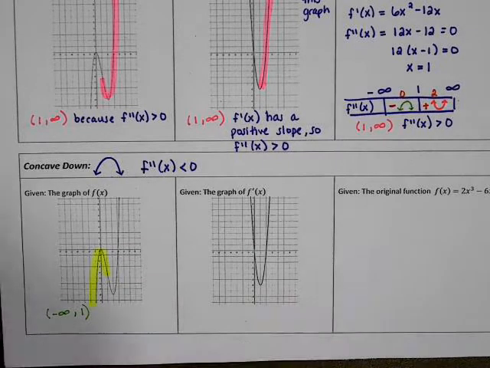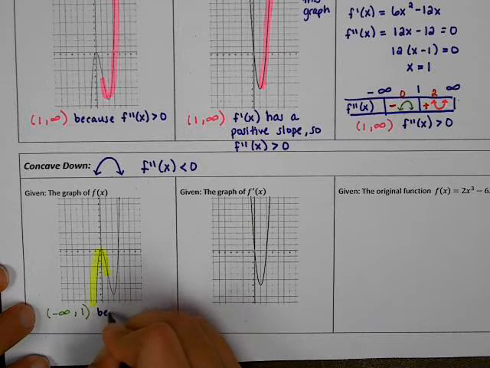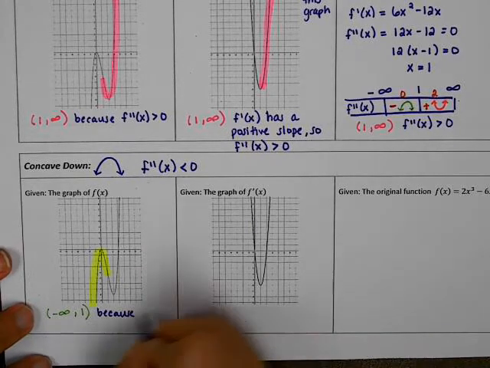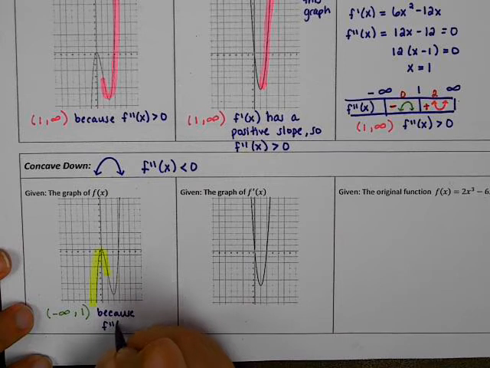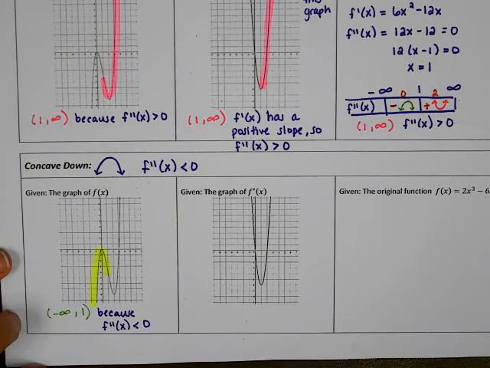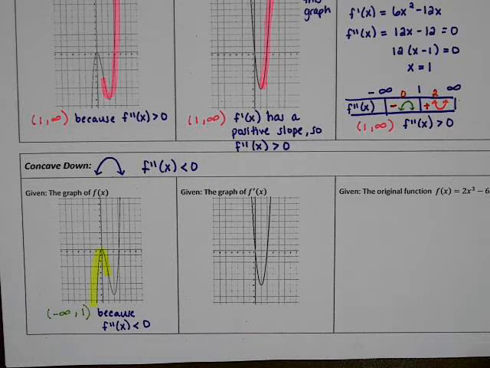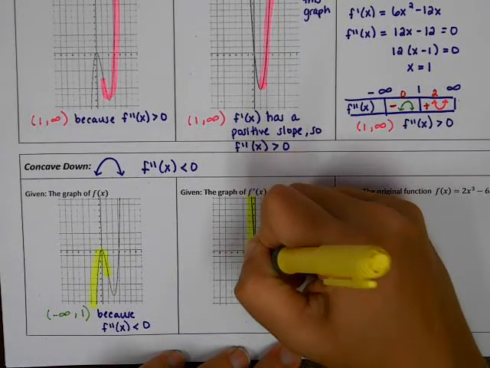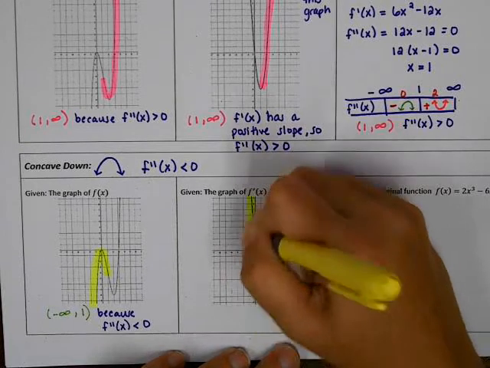And our reasoning, and we're never going to have to write this for this particular case, but it's good to focus on this, is because the second derivative is less than 0. Now, if we were looking at the derivative already, since the second derivative is the slope of this graph, it has a negative slope in this section right here.